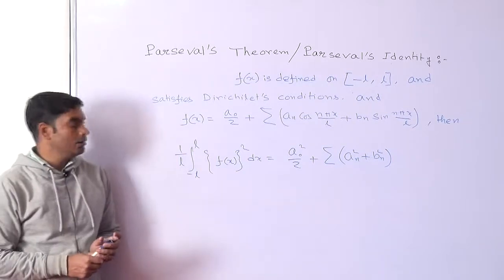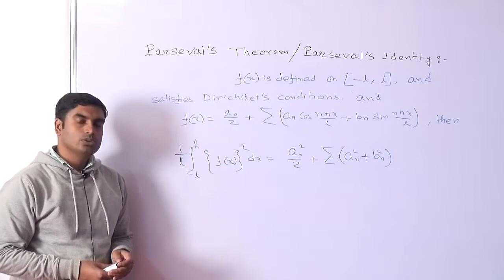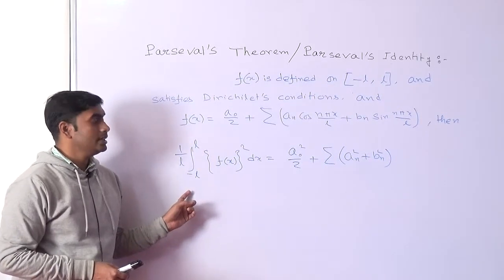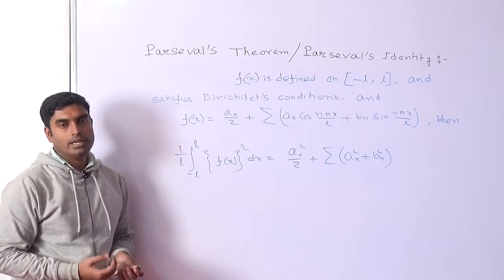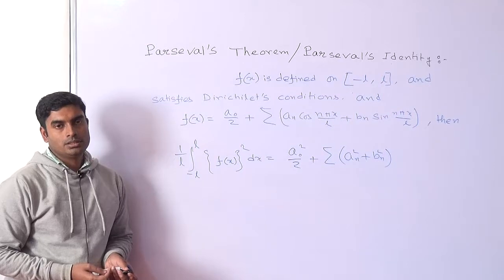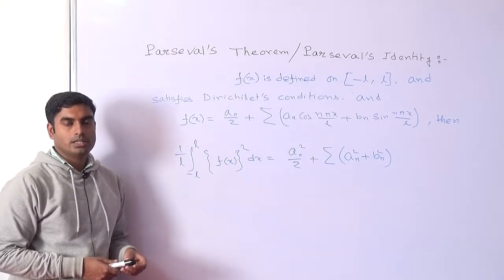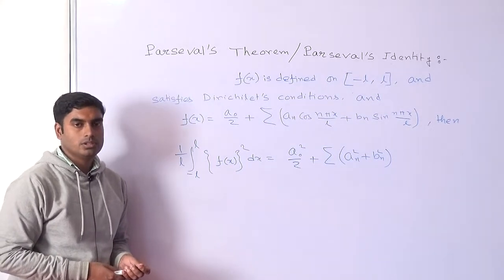Now I will explain one example and show how, using Parseval's identity, we can find some series which contain terms like 1/1⁴ + 1/2⁴ and so on.